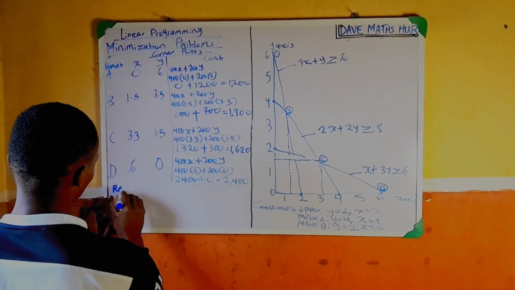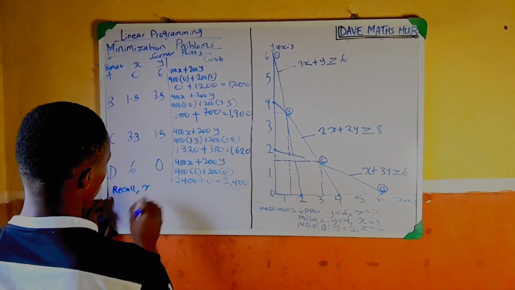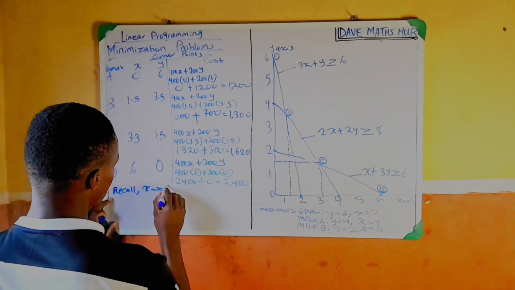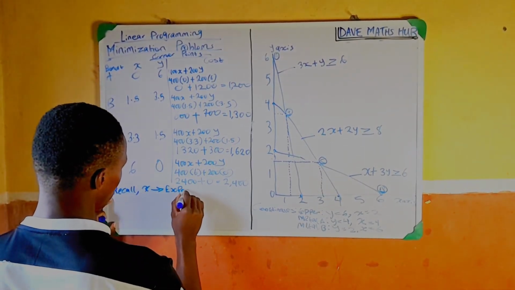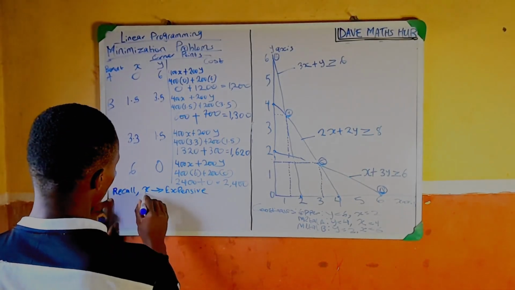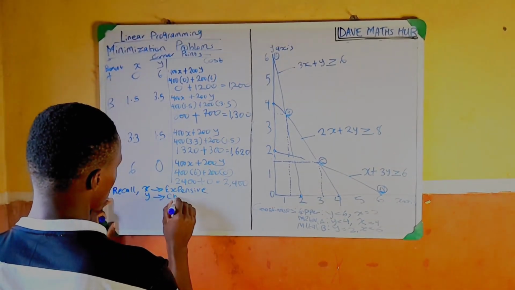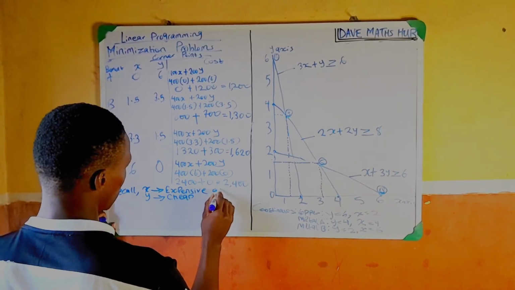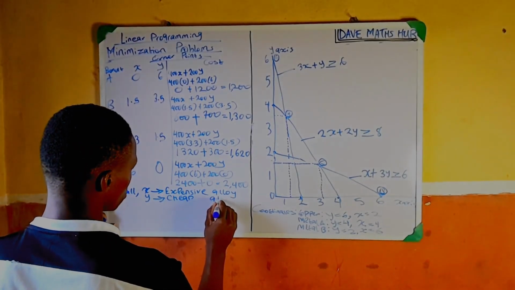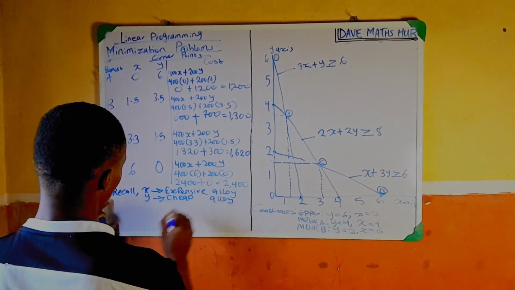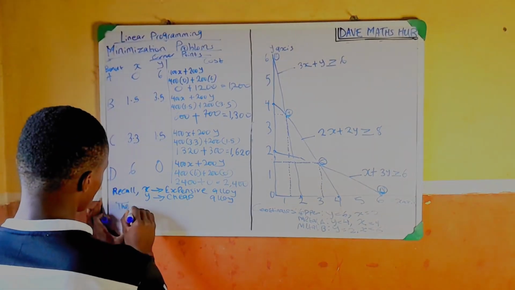Recall, X was representing the expensive alloy. Y was representing the cheap alloy.